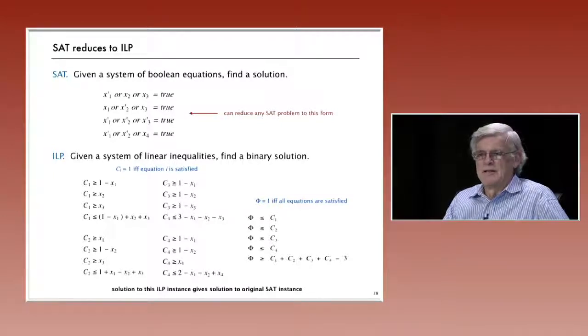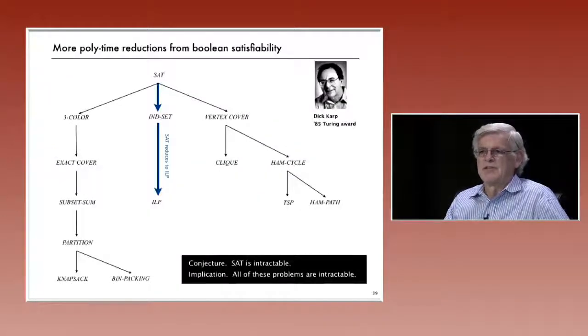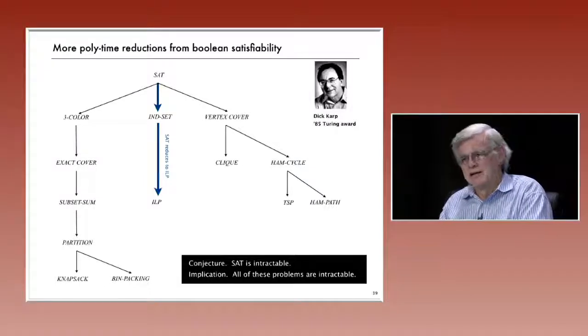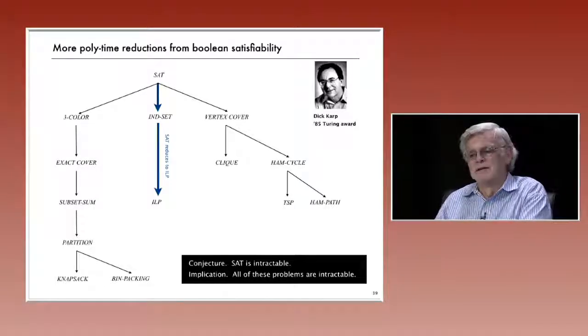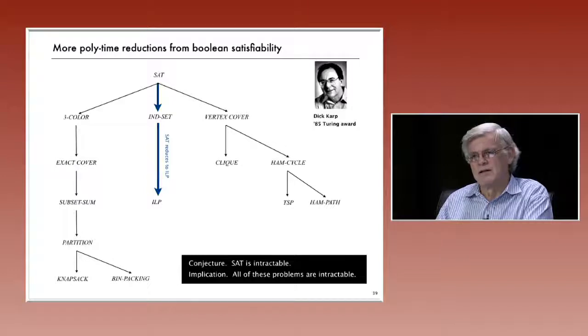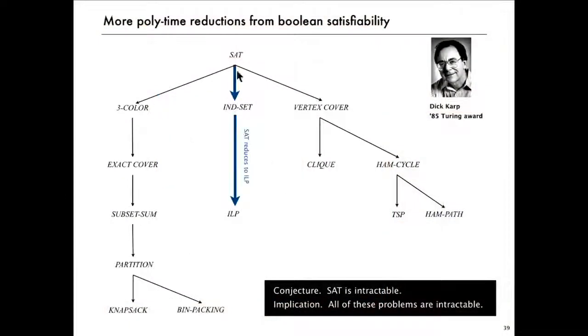But the amazing thing that was shown by Dick Karp in the 70s is that there are lots and lots of problems that you can reduce satisfiability to. And actually, Karp reduced SAT to the so-called independent set problem and then reduced that one to ILP.